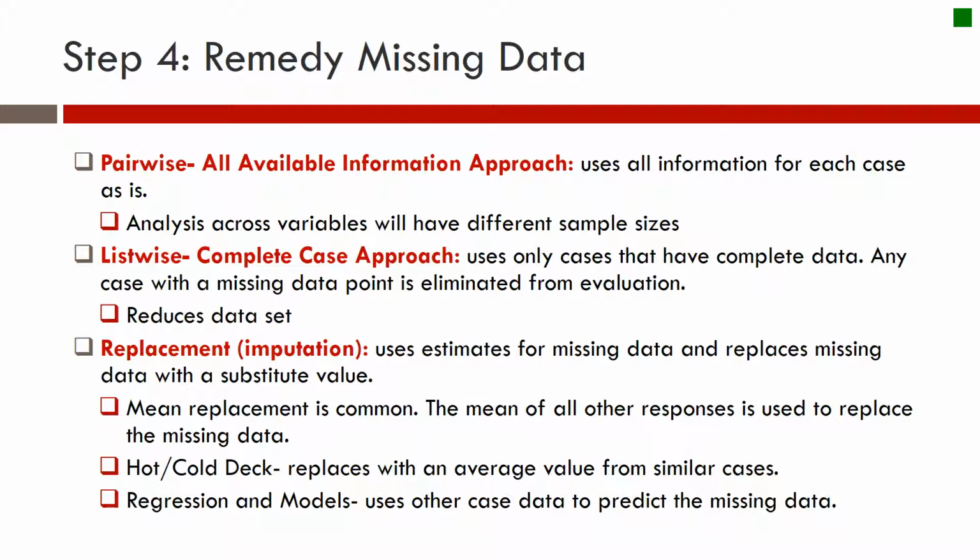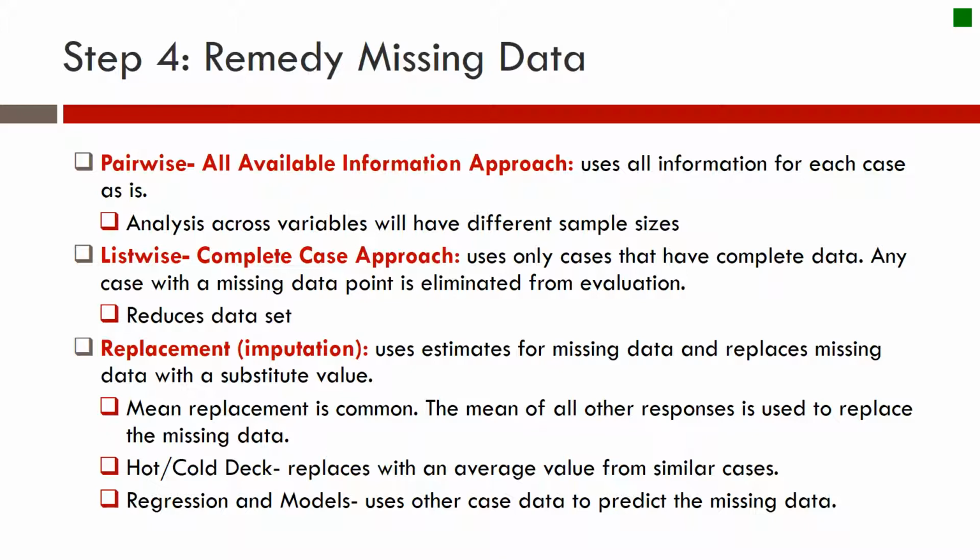So remedying though missing data and getting beyond this, if you choose to drop data or account for data in a couple different ways, we have traditionally pairwise and listwise replacement of data or elimination of data. So when we use a pairwise approach, sometimes we call it the all available information approach.